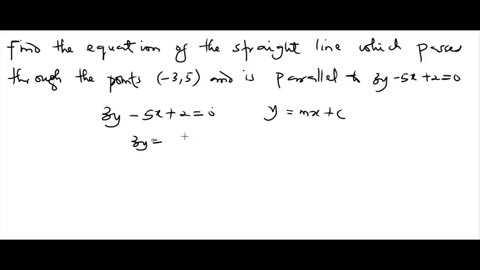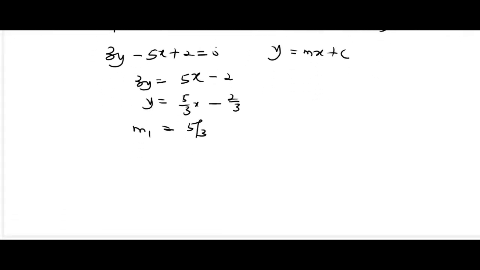By so doing, we have 3y equals 5x minus 2 and y equals 5 over 3 x minus 2 over 3. Therefore, we can say m1 equals 5 over 3. Now, since the condition given is parallel, we have m1 equals m2 equals 5 over 3.